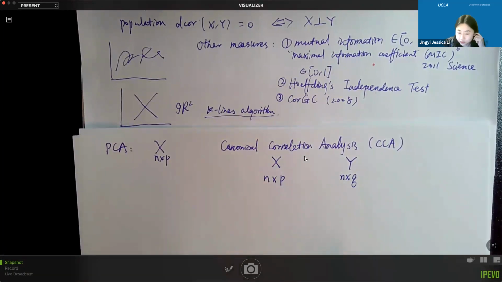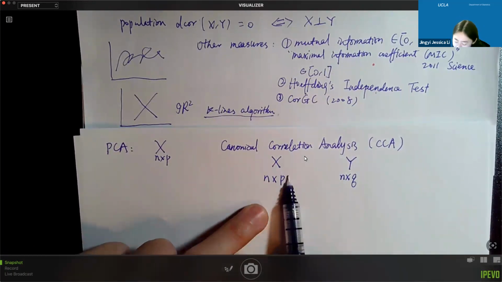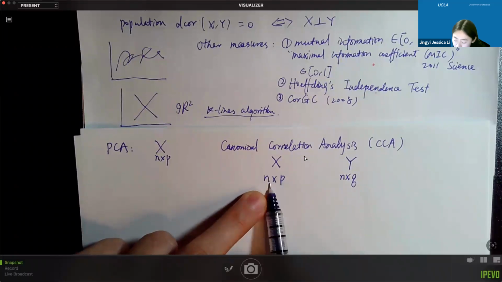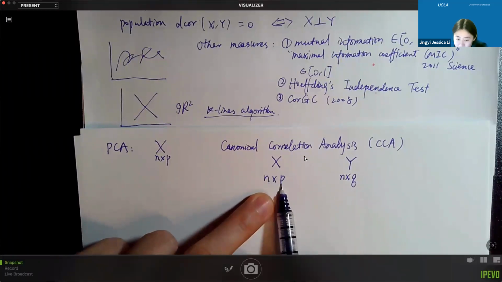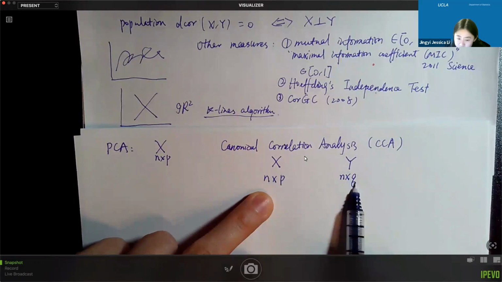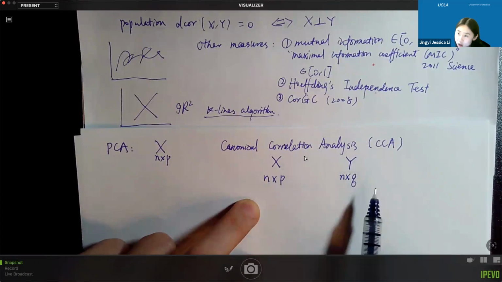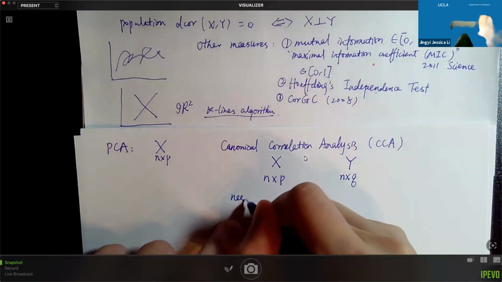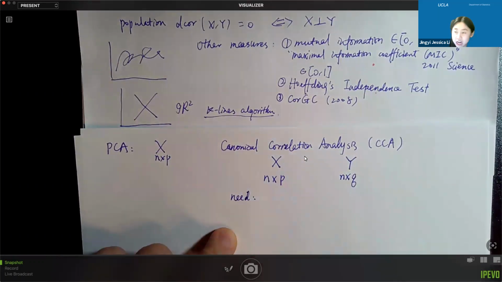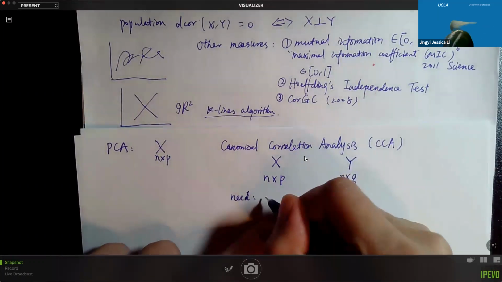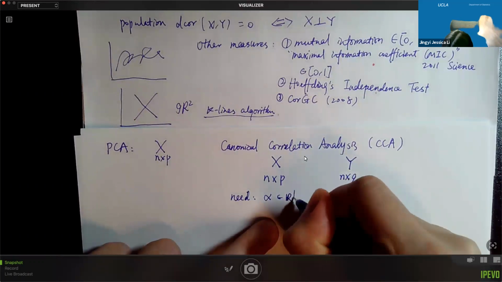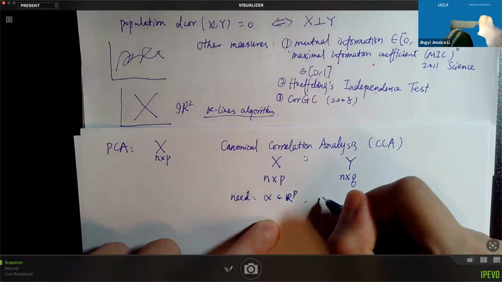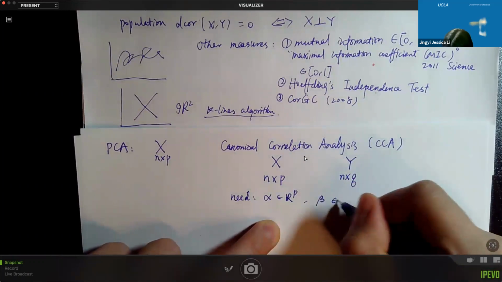So for canonical correlation analysis, you are going to find the dimension reduction, or linear combination, of the p features and the linear combination of the q features, so that you maximize their correlation. Basically we need a loading vector alpha that's p-dimensional, and another loading vector beta that's q-dimensional.